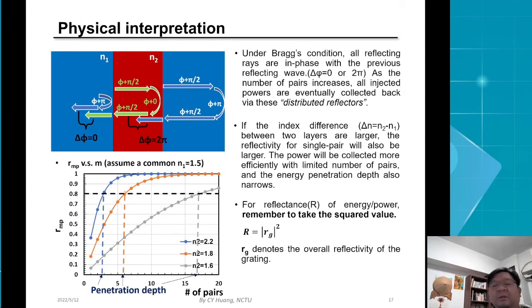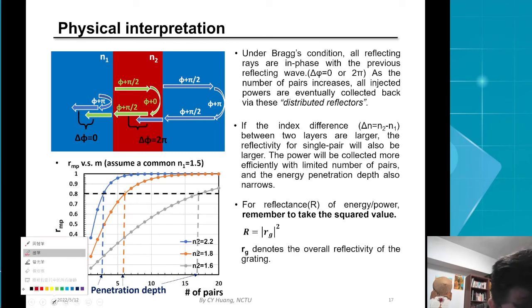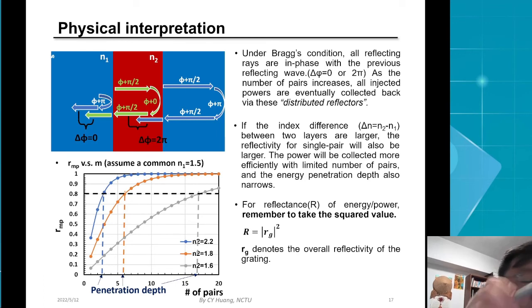Okay, so how do we explain how the DBR works? Besides doing a direct mathematical matrix multiplication, we can consider it this way. Let's consider the light is coming. You actually have a laser.